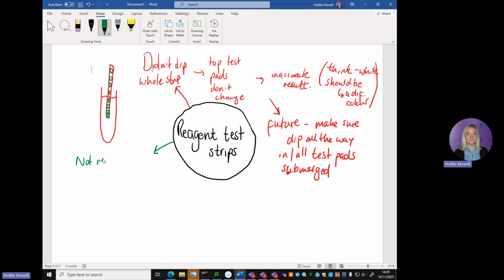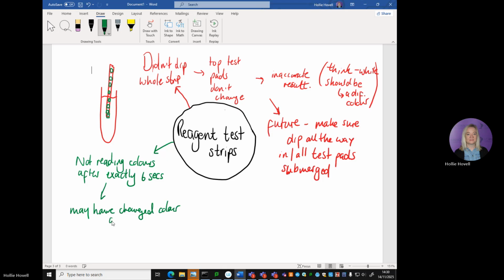So you're not reading the colours after exactly 60 seconds. Now the impact of that is that they may have changed colour again.